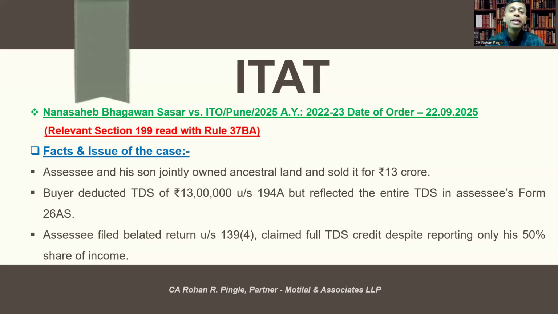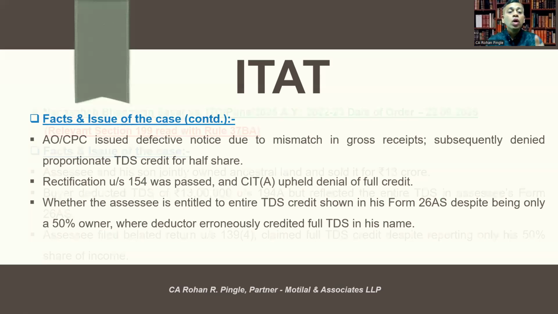Assessee filed belated return under section 139(4) and claimed full TDS credit despite reporting only his 50% share of income. Very interesting. So the assessing officer issued a defective notice due to mismatch in gross receipts, and subsequently denied proportionate TDS credit for the half share. Rectification under section 154 was passed and CIT appeals upheld the denial of full credit.